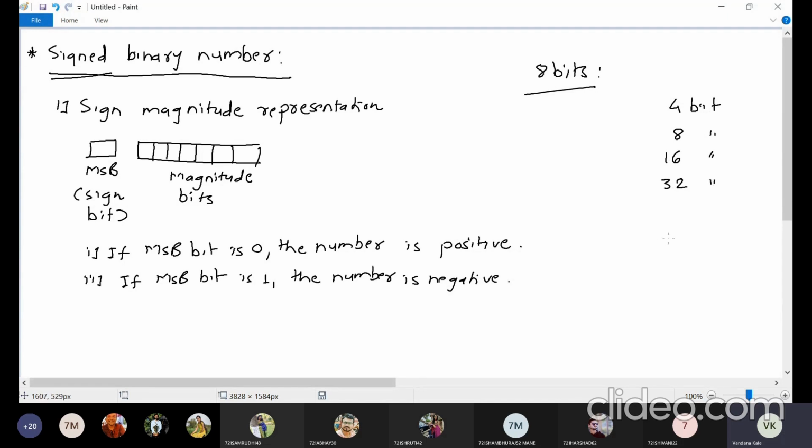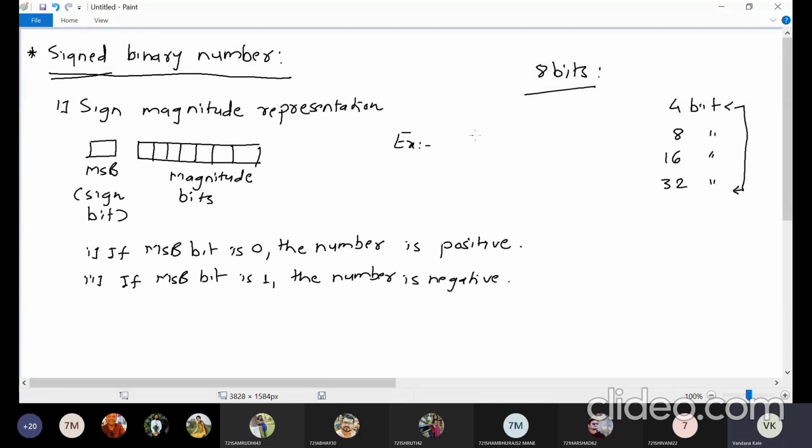We have seen in one of the slides on binary representation that we can represent the number with 4, 8, 16 or 32 bits. Here, in all the examples, we will represent the number with 8 bits. Let me take one example.